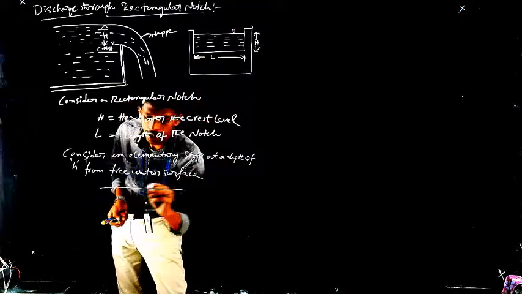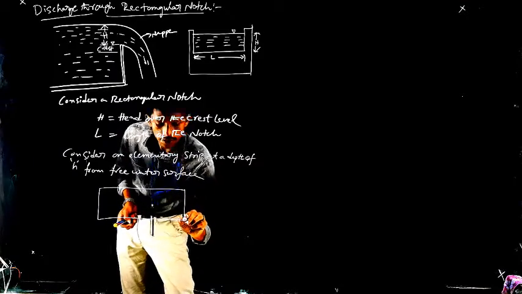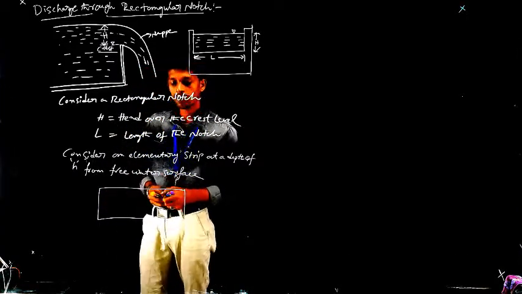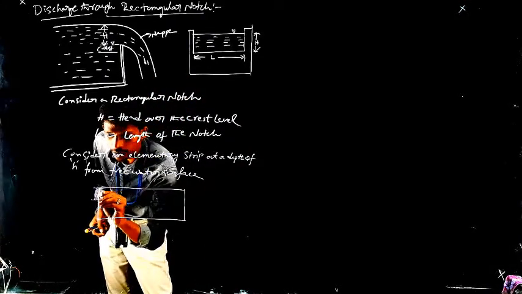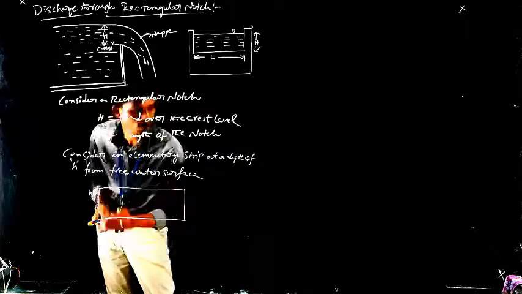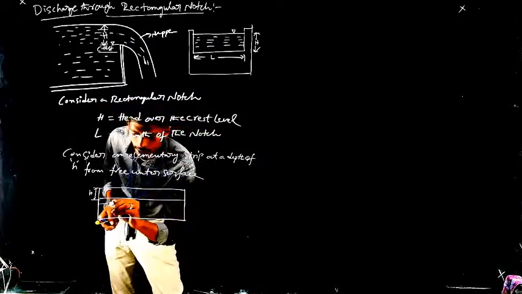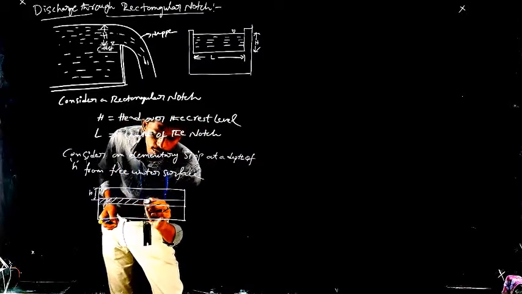So I am drawing that strip diagram here. This is the level of water we have. In this, at a depth of small h, I am considering a strip. This is the elementary strip I have considered.